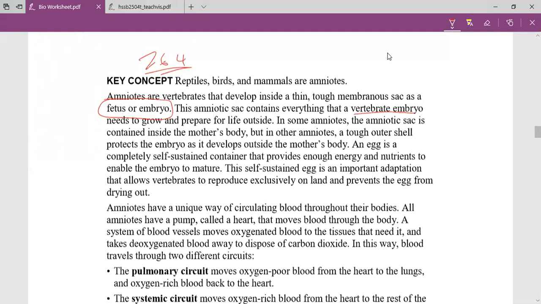In some amniotes, the amniotic sac is contained inside the mother's body, like mammals. But in other amniotes, the tough outer shell protects the embryo as it develops outside the mother's body. An egg is a completely self-contained container.